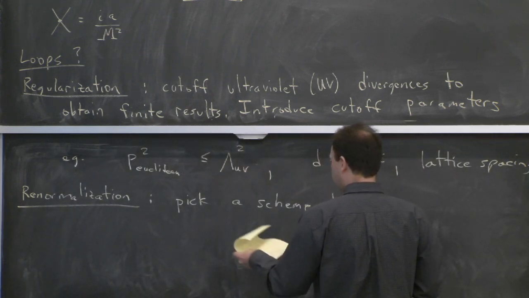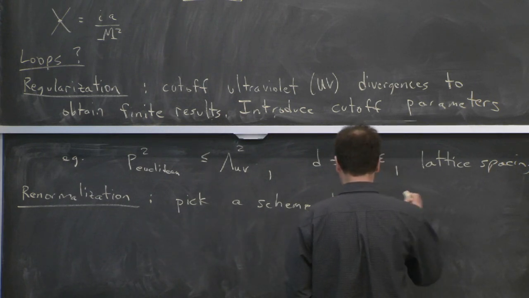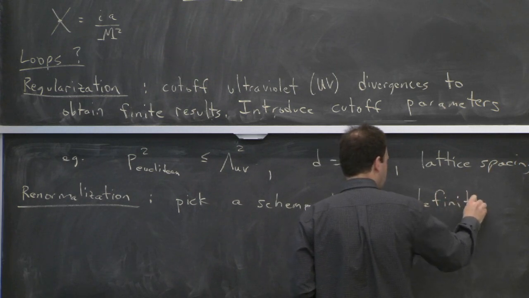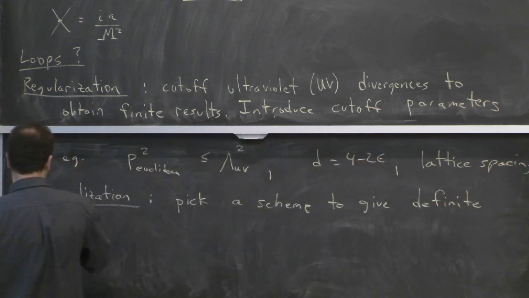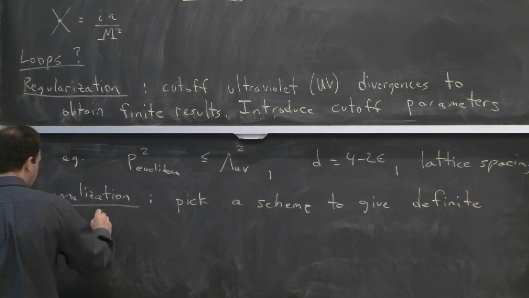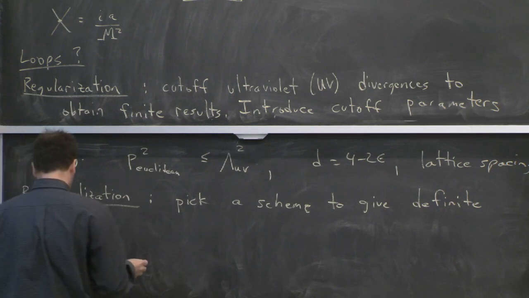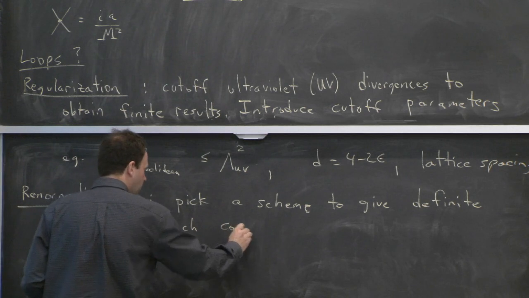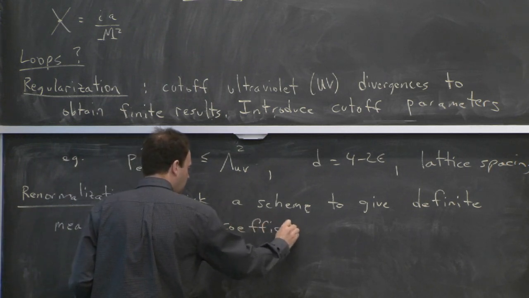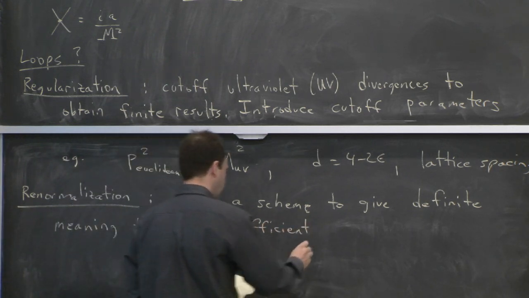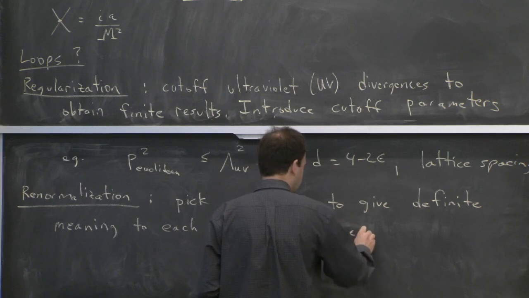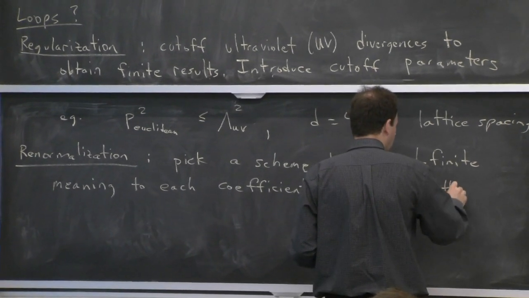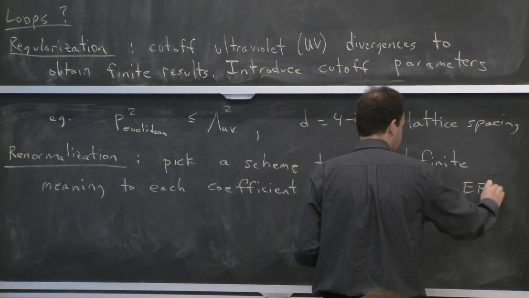So here, what we're doing when we talk about renormalization is we're picking a scheme that gives precise or definite meaning to the parameters in the effective theory. Or even more explicitly, each coefficient in the Lagrangian as well as the operators in the Lagrangian are given a meaning by this procedure.